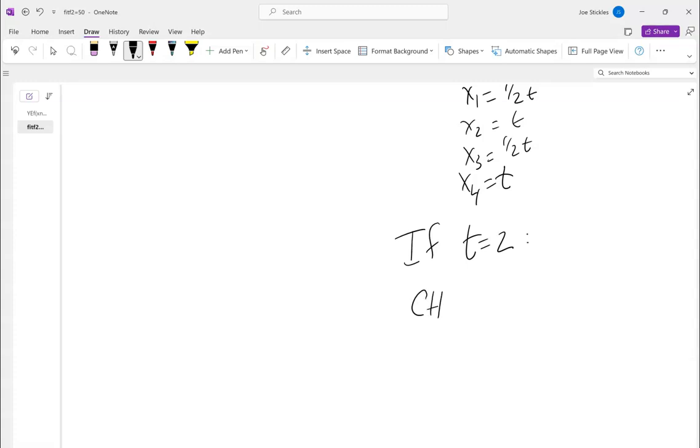We get CH4 plus 2O2 equals what? CO2, I can put these in correctly. Sorry, I did that backwards. Yeah, that's right. CO2 plus 2H2O. I put in 2 for t.